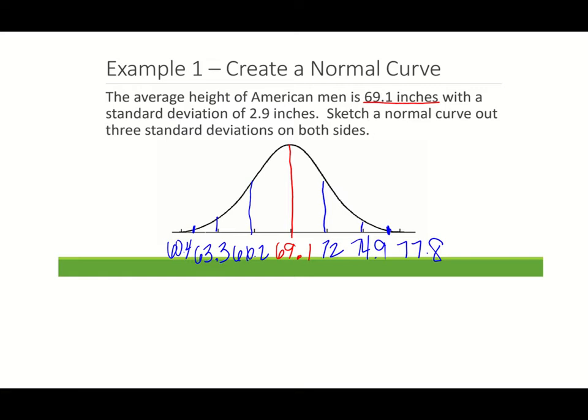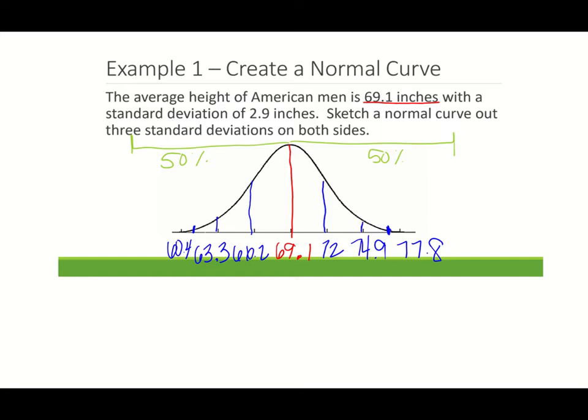Now, based on our empirical rule that we saw, we can use these population percentages. What that means is that on both sides of the mean is going to be 50% of the data. So 50% of people are going to be on the left side and 50% are going to be on the right side.